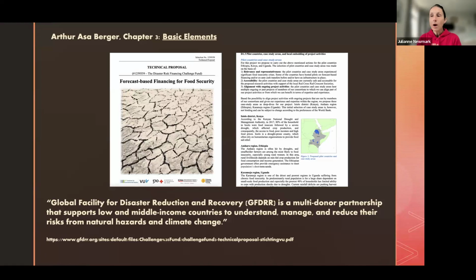So again, they were probably limited in what they could do in terms of the parameters of the grant, perhaps, that they were applying for with this technical proposal for the Disaster Risk Financing Challenge Fund. There have to be parameters, or else a funding agency would get things designed in all different kinds of ways, and then the readers, the evaluators, would have to learn anew every time how to extract the information they needed from all of these different outputs.